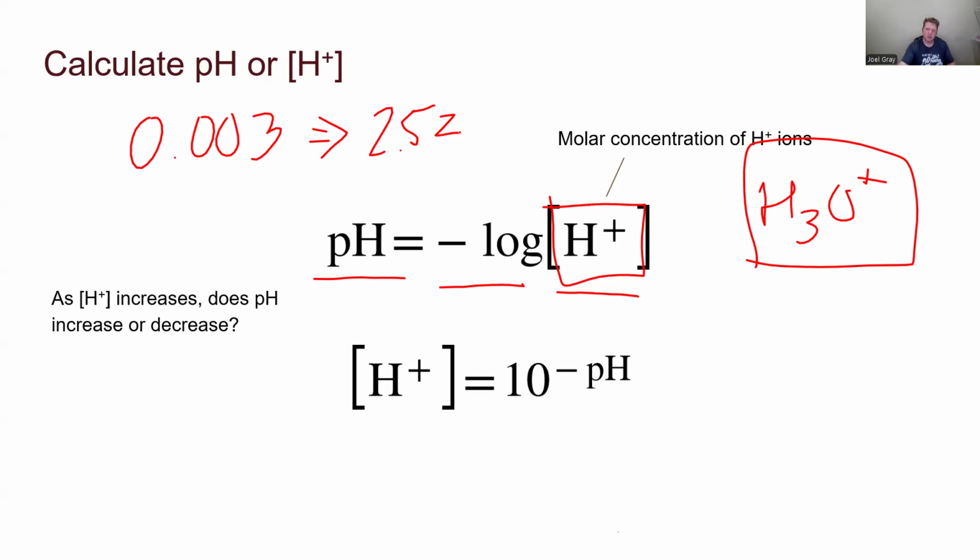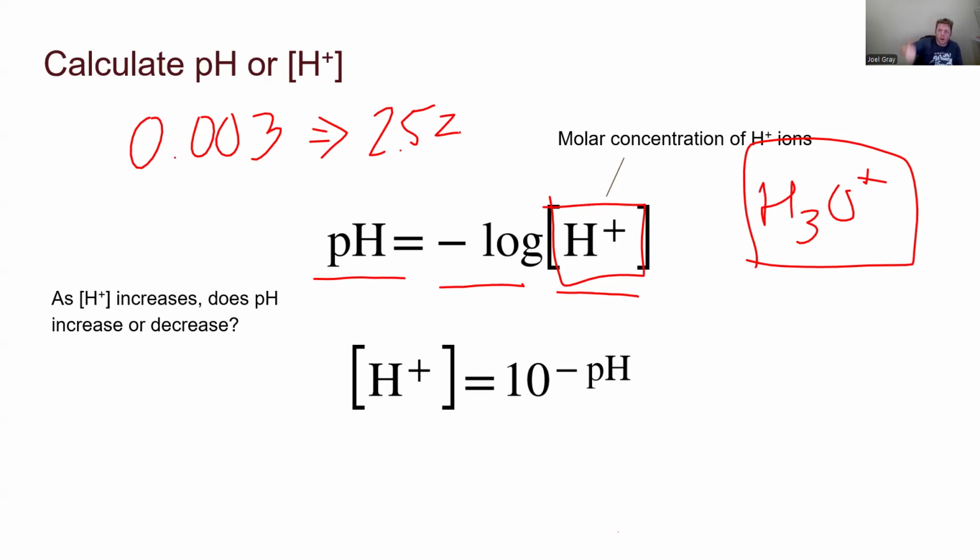Before I plug this in, what do you think that means? An acidic solution or a substance that is an acid leads to the production of more H3O plus or H plus. Our hydrogen ion concentration went from 0.003 to now 0.006. So that substance made more of those hydrogen ions. What does that mean for my pH?